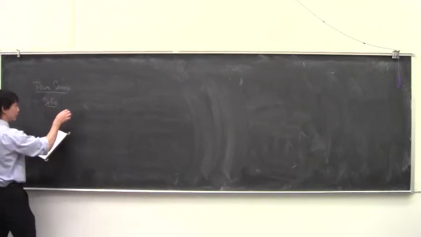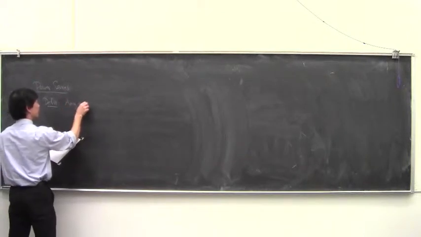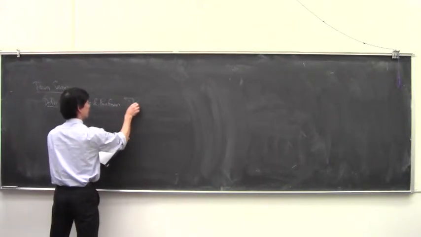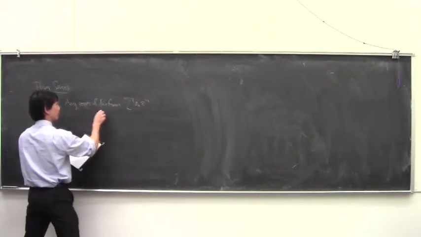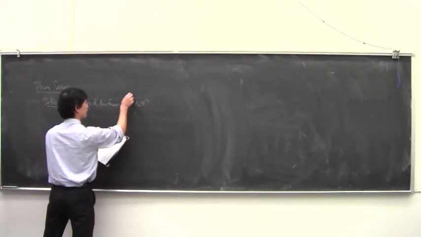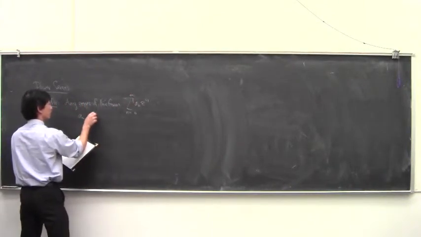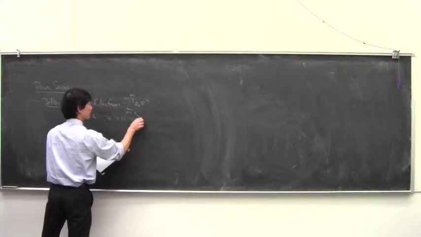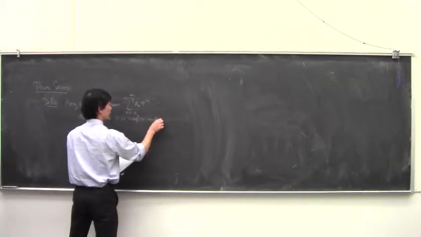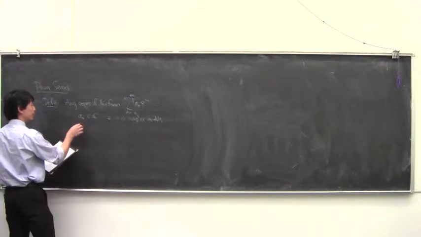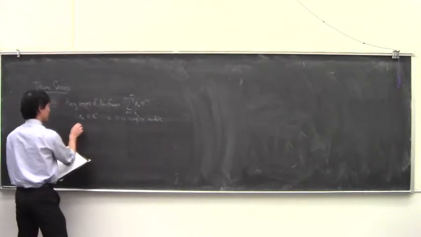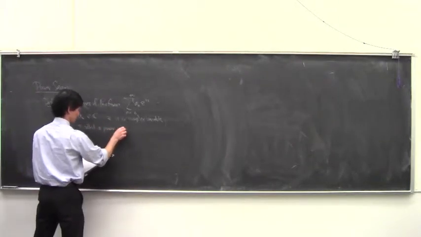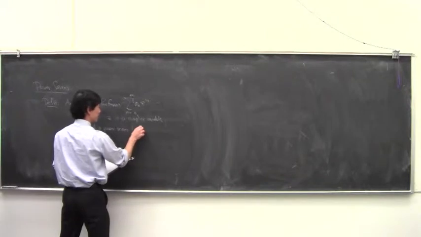Just a basic definition. Any series of the form summation a sub n z to the n, where n goes from 0 to infinity, where the a sub n are all complex numbers, and z is a complex variable, is called a power series centered at 0.